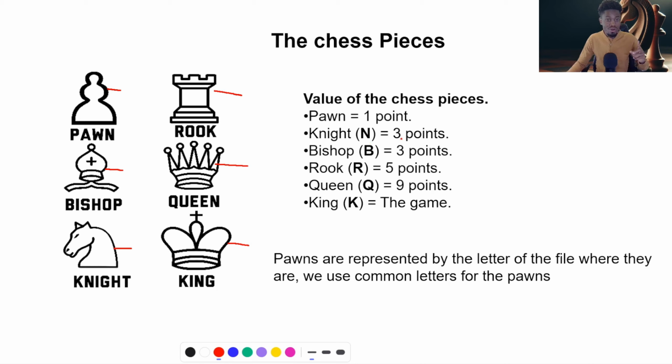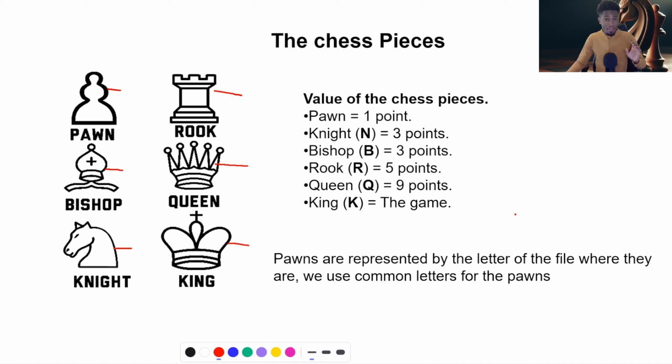The bishop is represented with the capital B. The rook is represented with the capital R. The queen is represented with the capital Q. The king is represented with the capital K.